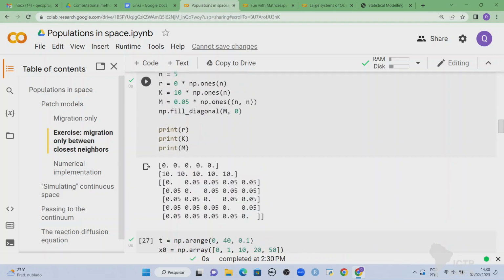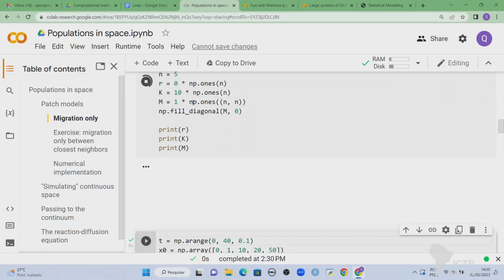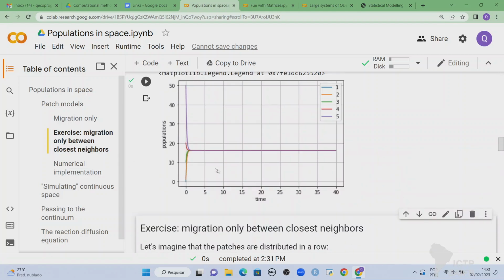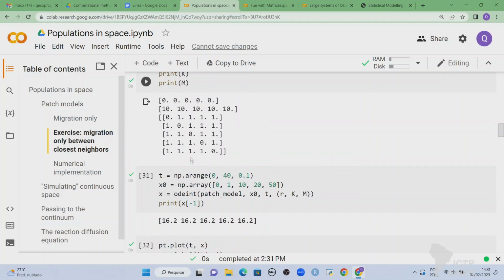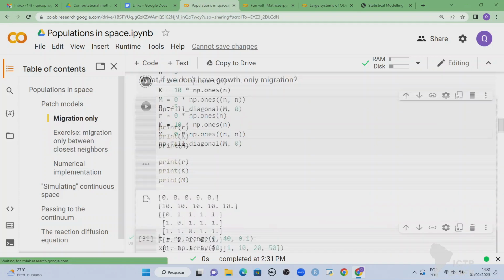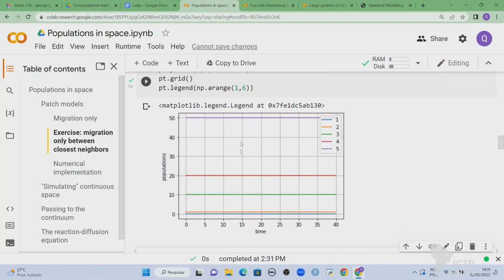If I put a very large migration rate here, equal to 1, the same thing happens much more quickly, you see? And if I put a very small value for m, for instance 0, it means that nothing happens at all, so the populations remain exactly at their initial condition.